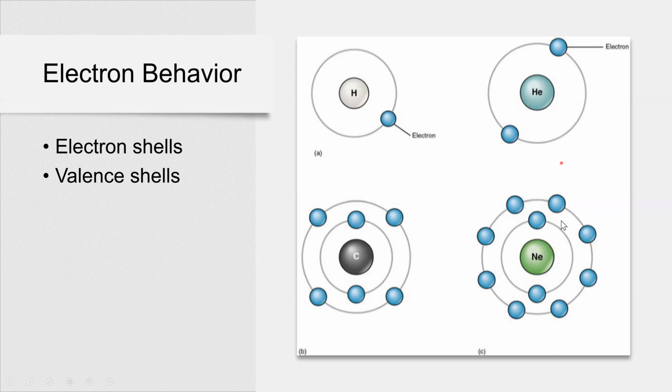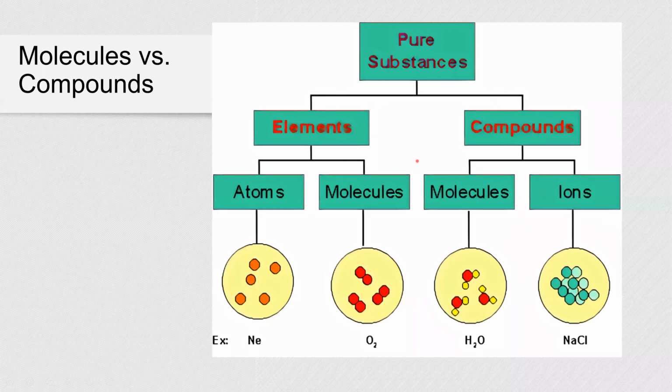And neon does not react with other elements. We call them noble gases. Other elements, because they do not have a complete outer shell, will participate in a variety of chemical reactions, right?